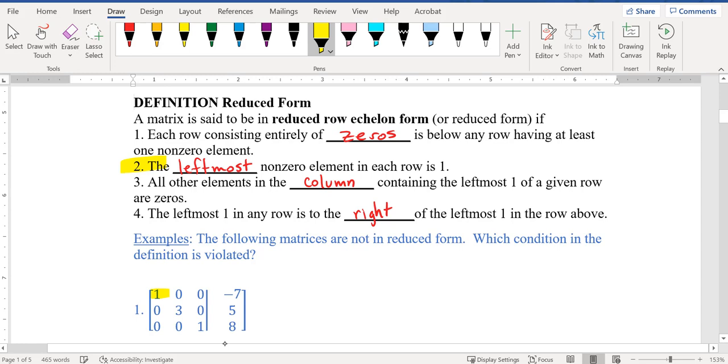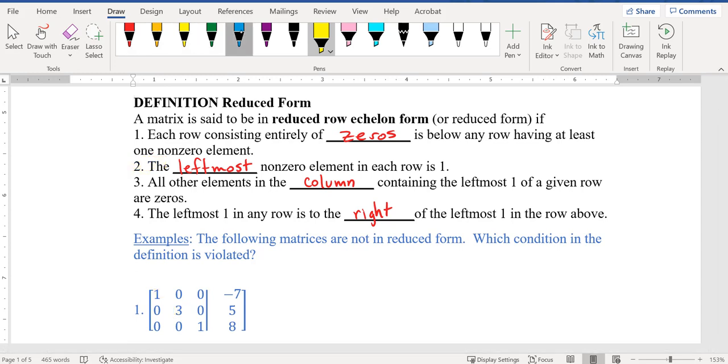So for row 1, the first non-zero element is a 1. That's okay. But look here at row 2. The leftmost non-zero is a 3. So I'm going to say that condition 2 is not met. And I'm going to circle that 3.